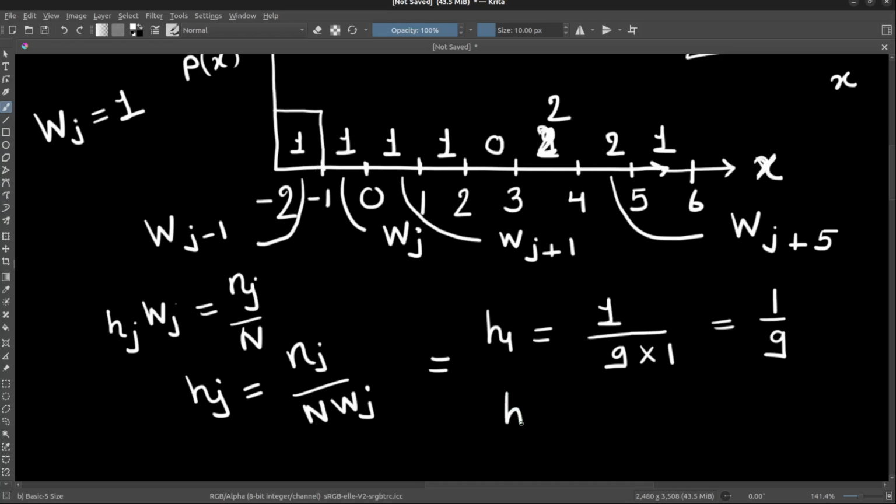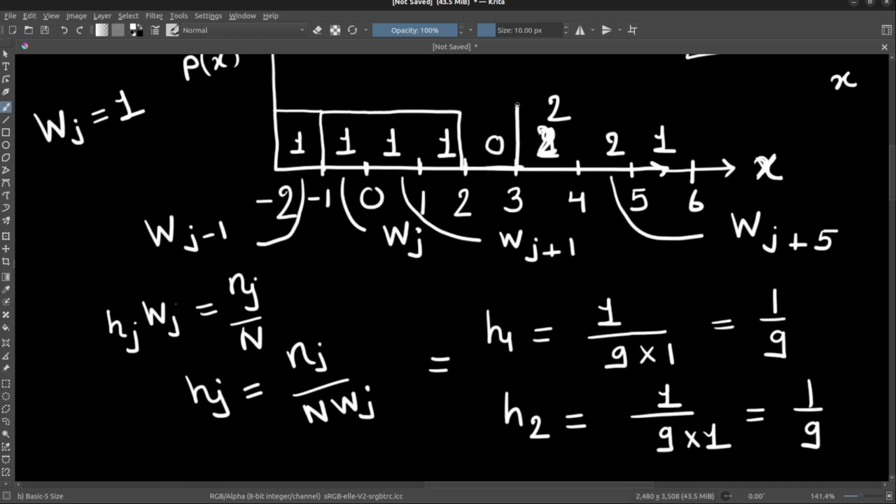Okay. Similarly for h2, this particular cell: 1 sample out of 9 samples with one sample width. So 1 over 9. You will find that this is approximately something like this. Here no samples lie, so it will be 0. Here 2 samples are there, so this will be 2 by 9, like this.